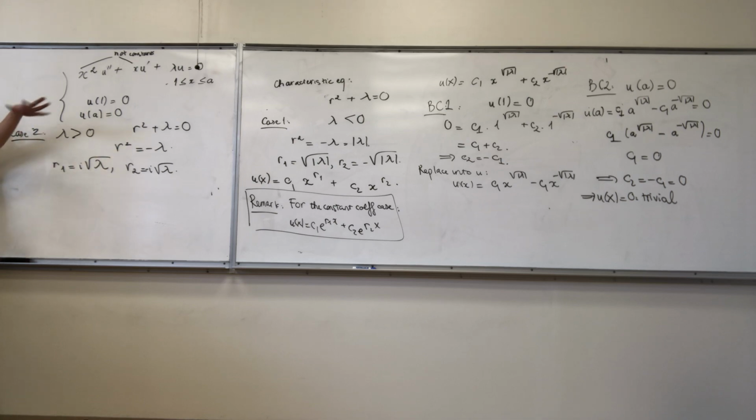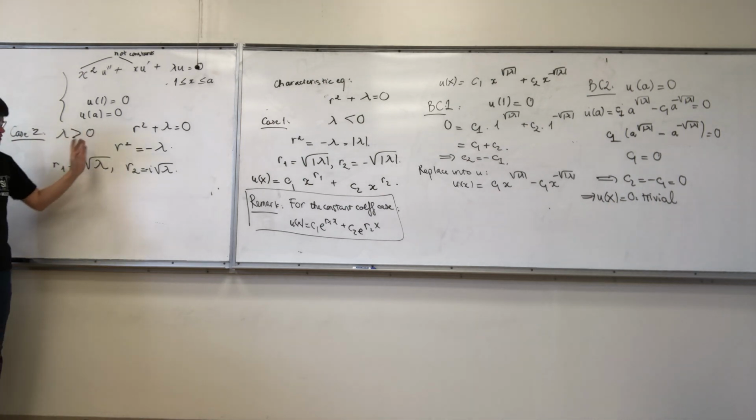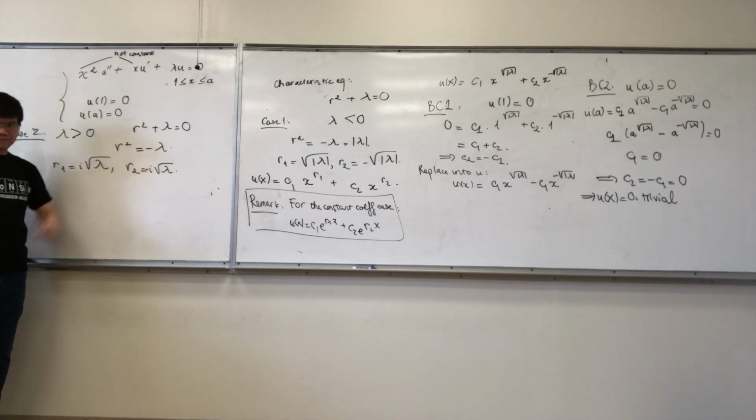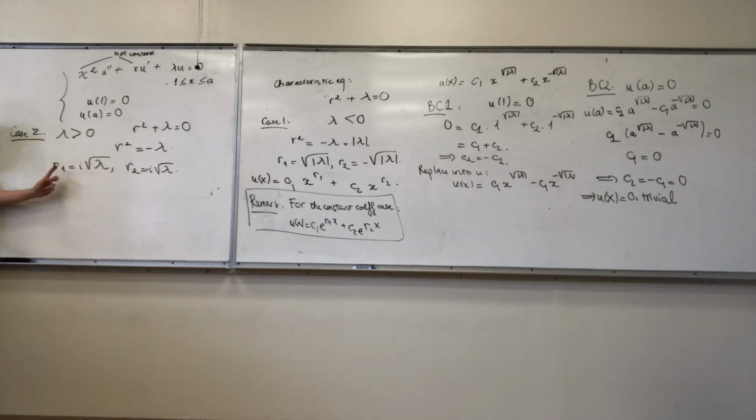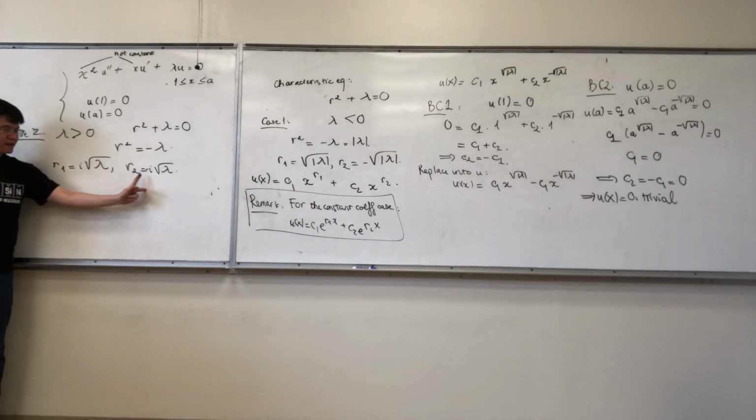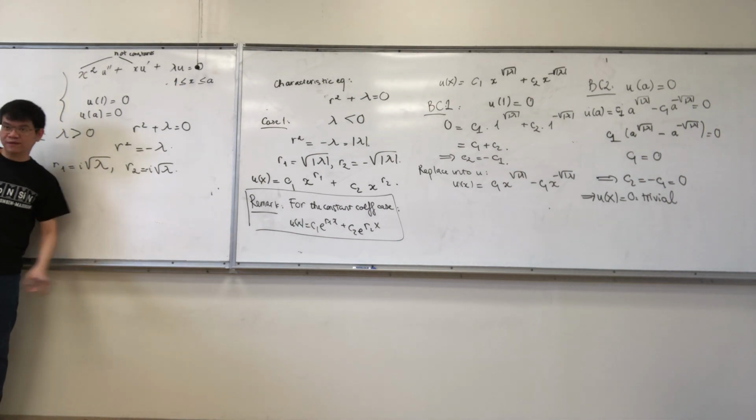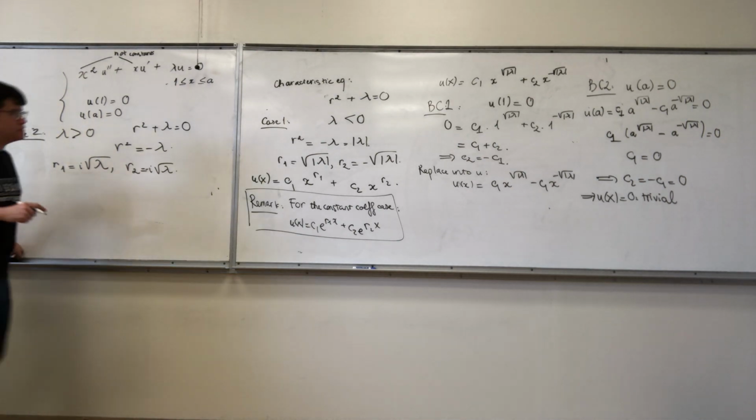For lambda equals 0, I'm going to explain it in a minute. So for the case where lambda is positive, you have r squared is minus lambda, which means that r1 is i square root of lambda and r2 is minus i square root of lambda. Now you have to plug this into the form.